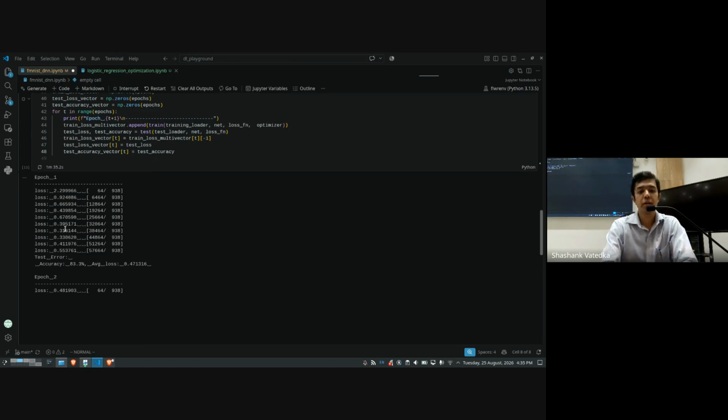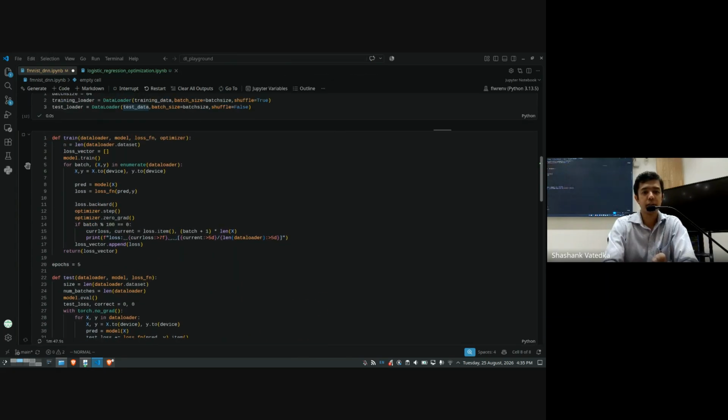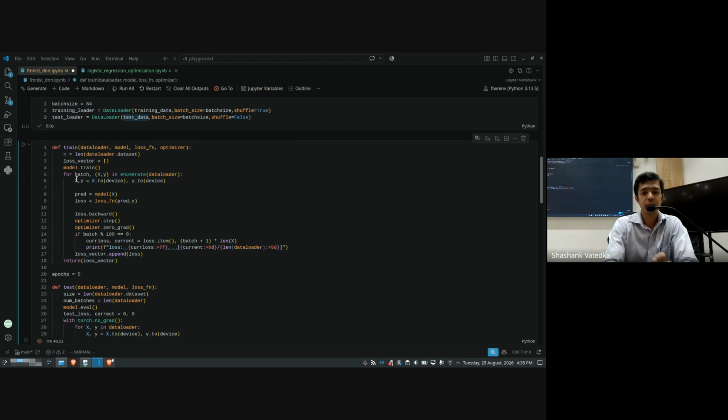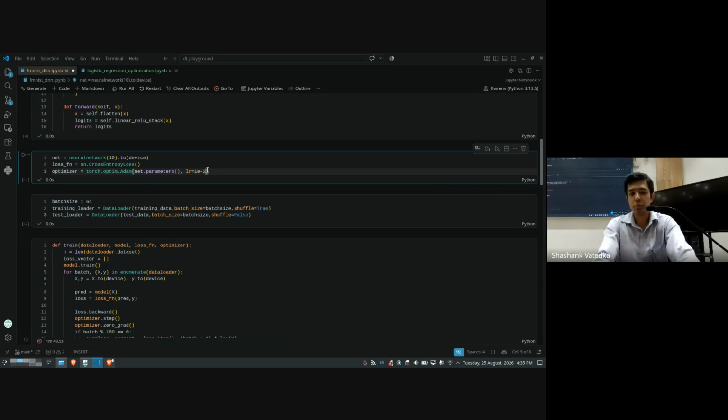So I'm back to an accuracy of 83-ish percent, with the same learning rate of 10 to the minus 3. In some sense, I can redo this with a slightly different learning rate. Let's say I choose a learning rate of 10 to the minus 2. Let's see what happens.